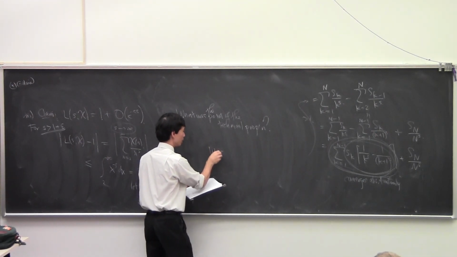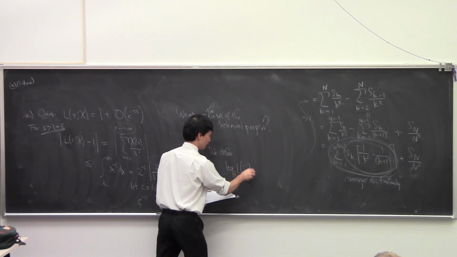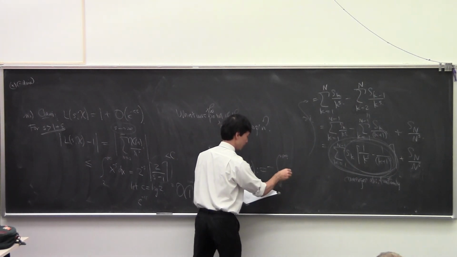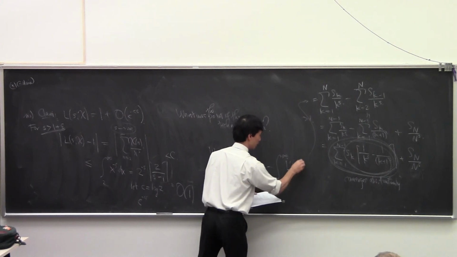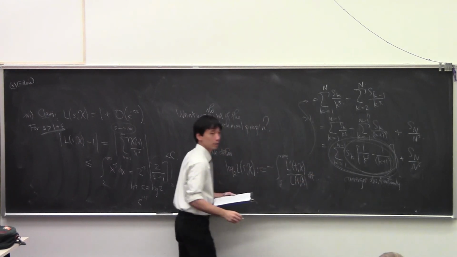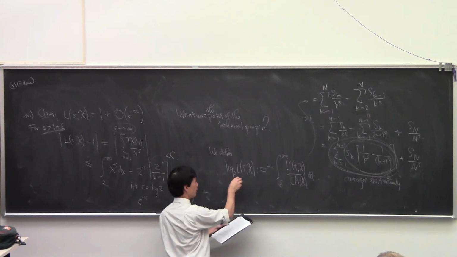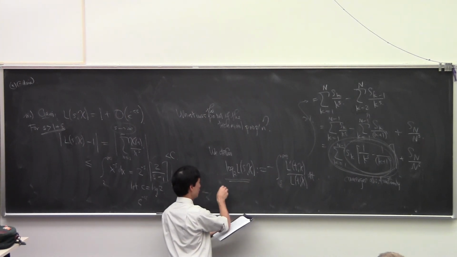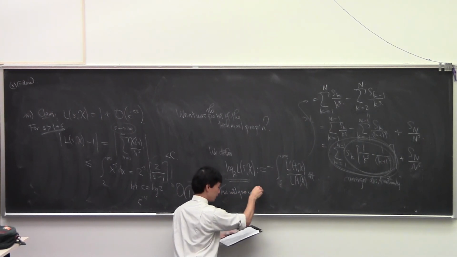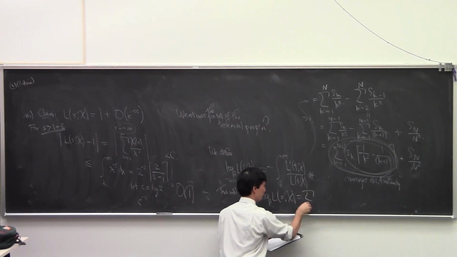Here it is. We define the log of the L function as minus the integral from s to infinity of L prime over L. It turns out that defining the log in this way will give us the necessary formula.